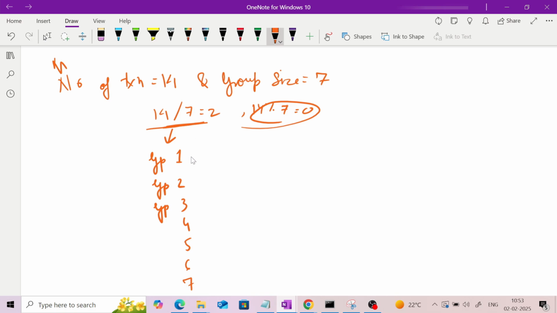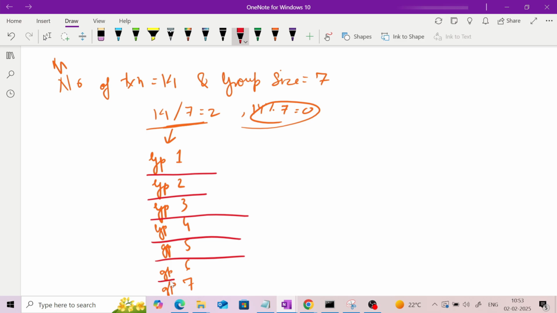Corresponding to each group, we have to club how many transactions? Corresponding to each group, you have to club 2 transactions, and that will give us our final group size.